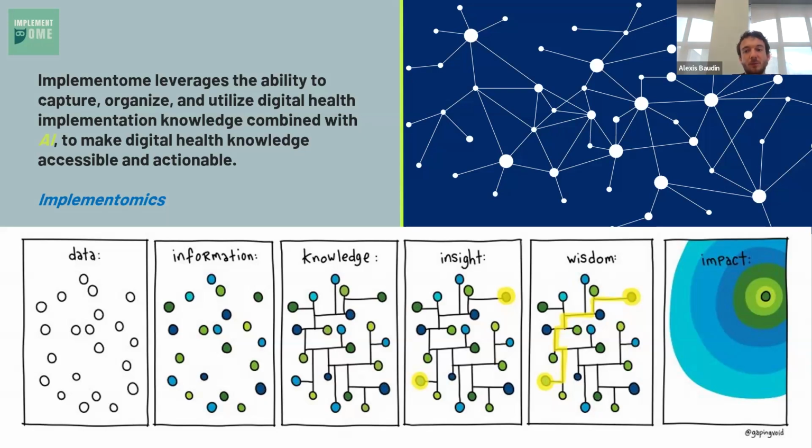The process follows a progression from raw data that becomes information by entering into a data model, that becomes knowledge by being structured and organized. That is what we work on with the platform, and the objective is to lead to insight that provides deeper understanding, to wisdom that informs better decision making, and ultimately impact in the real world.